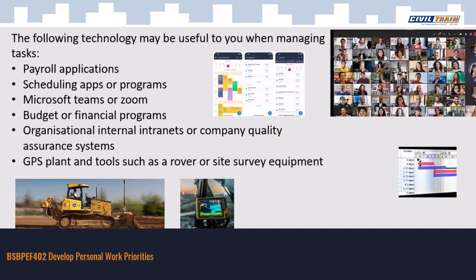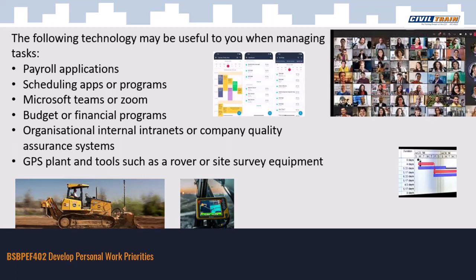So with using business technology, there are many things that we already use a lot of: payroll applications, no doubt. I don't know if anyone does manual timesheets anymore. It's all scheduling apps and programs, which we use a lot now. Microsoft Teams and Zoom, definitely something that we can thank COVID for.